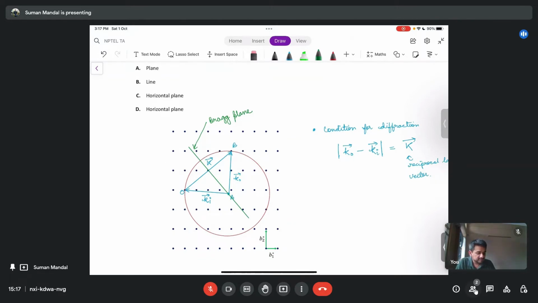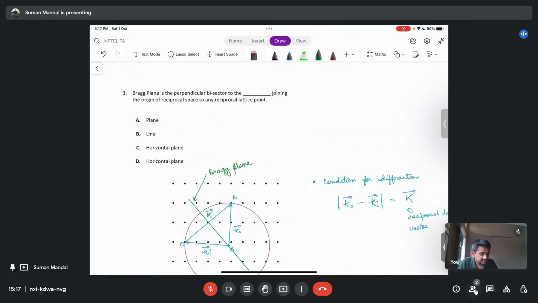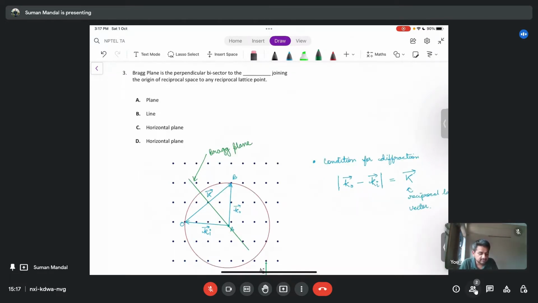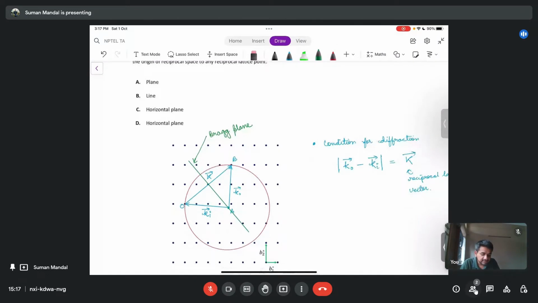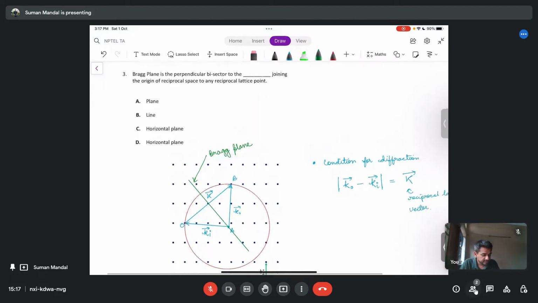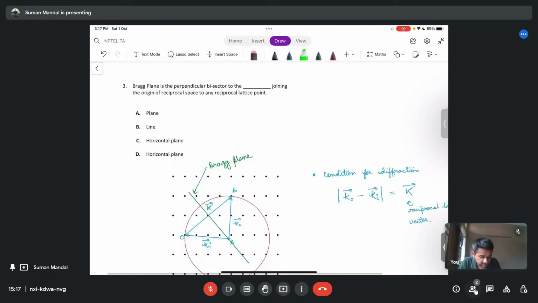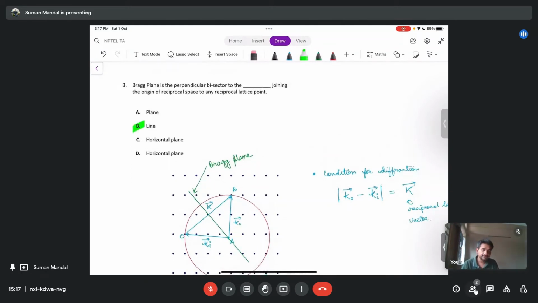Bragg planes are perpendicular bisectors to the line joining the origin of the reciprocal space to any reciprocal lattice point. So if we draw it, it looks something like this. There are two reciprocal lattice points, at 0 and B, and the Bragg plane is the perpendicular bisector which connects these two points. So the answer is the B line.